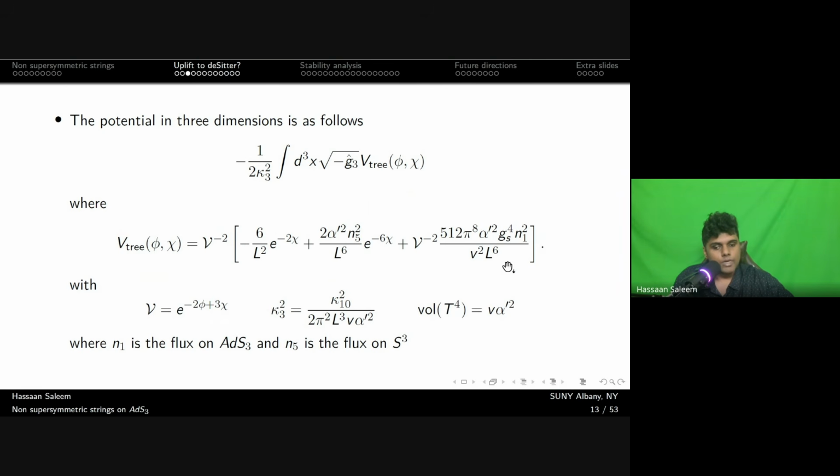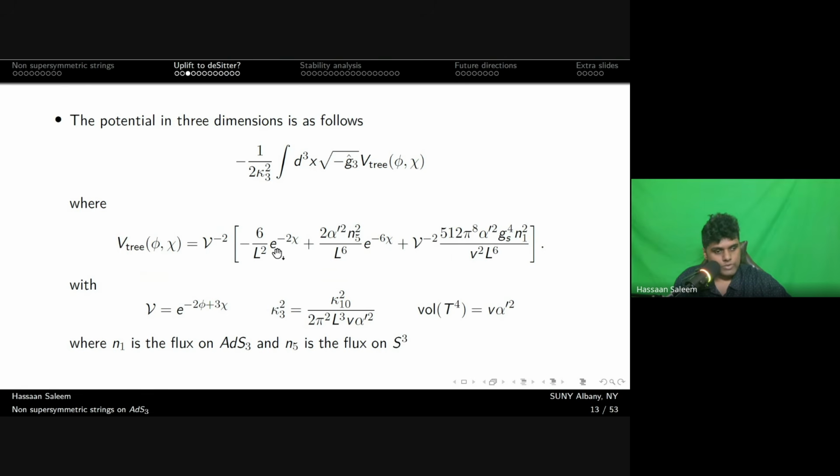And this term comes from the electric flux on AdS3. So you have AdS3 cross S3. There is an electric flux on AdS3, electric H3 flux, and you have an H flux on S3. So this term comes from the flux on S3. This term comes from the flux on AdS3, and this term comes from the, sorry, the curvature of S3.